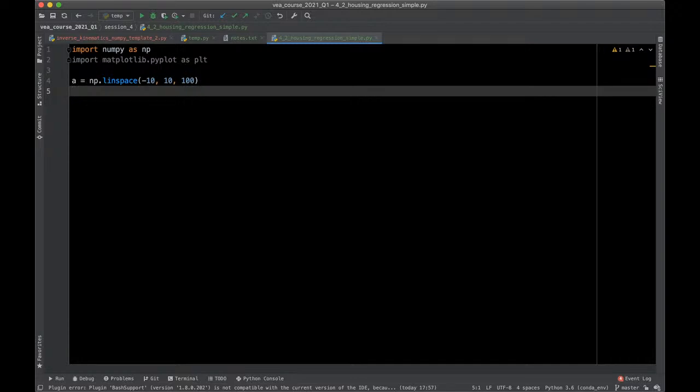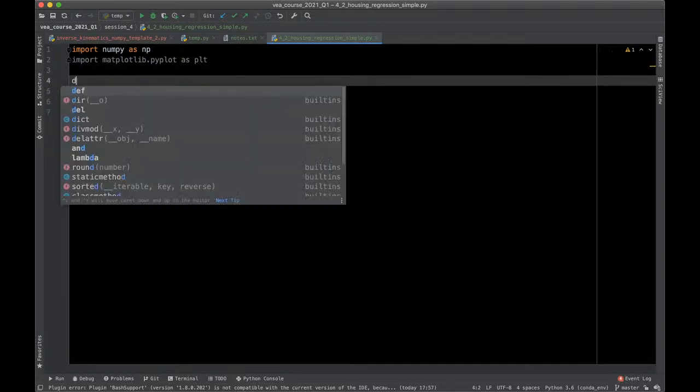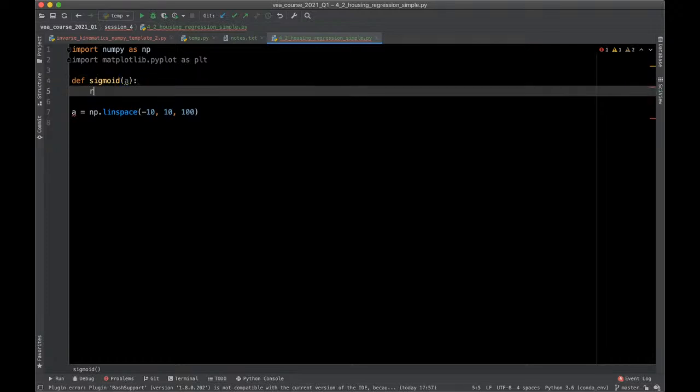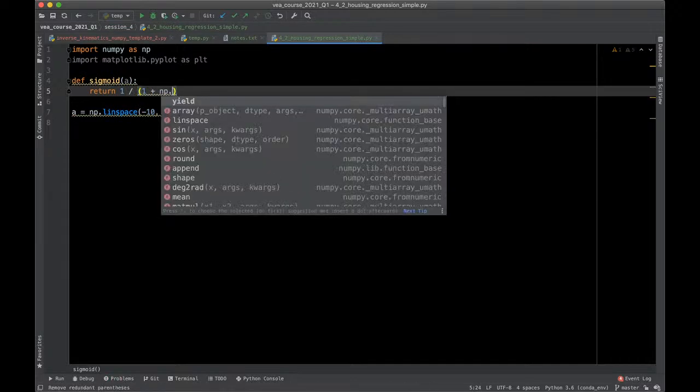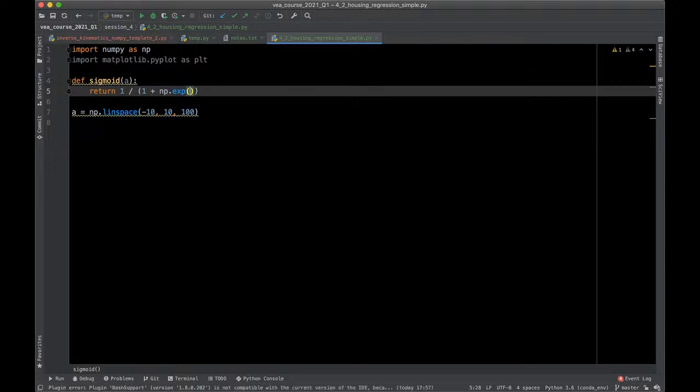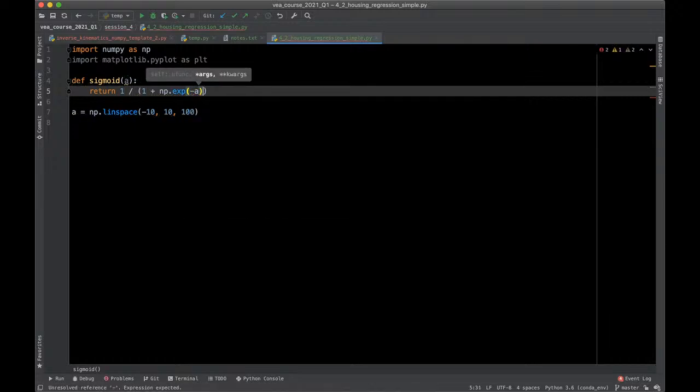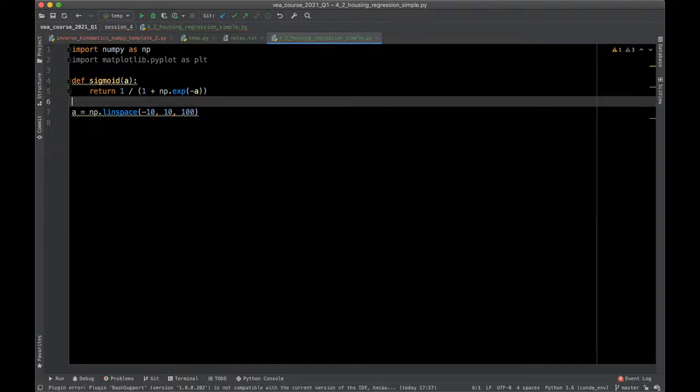and then we want to calculate it using the function. So let's call the function also here def sigmoid of a. I advise you to implement this code as well, because we will need it in a second. So 1 divided by 1 plus np exponent of minus a, right?